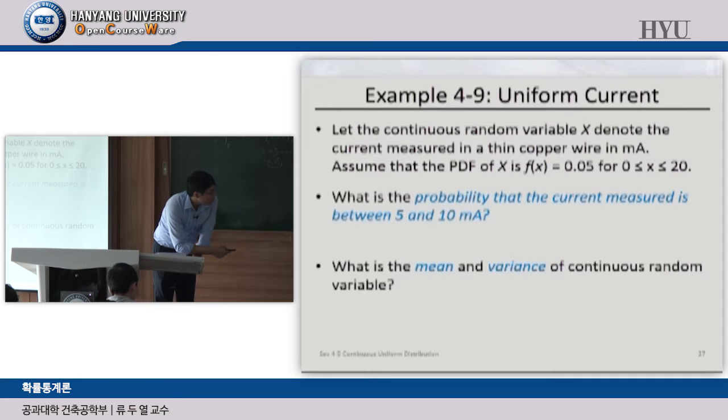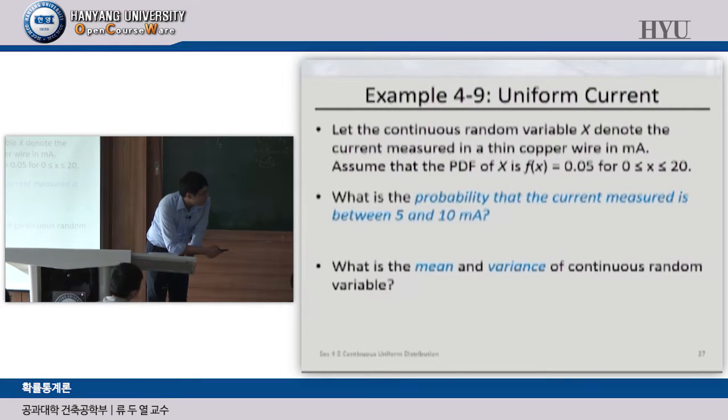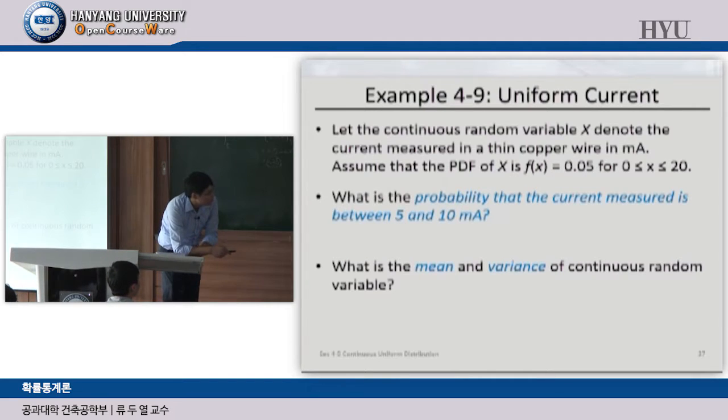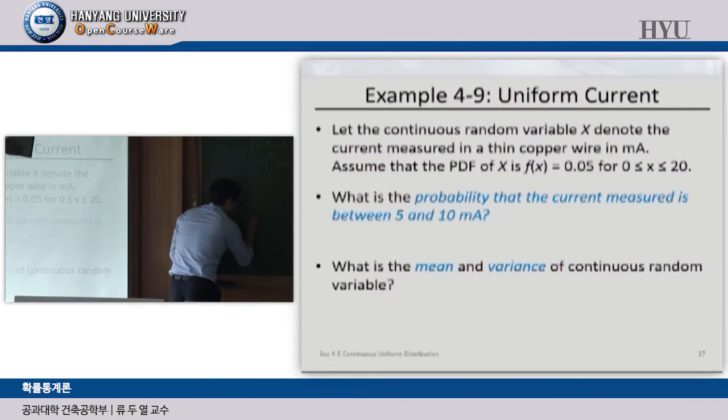And what is the mean and variance of this continuous random variable? This is the continuous uniform random variable, right? Because the probability density function is constant, 0.05. So, what is the mu? What is the a? a is 0 here, right? What is b? b is here.